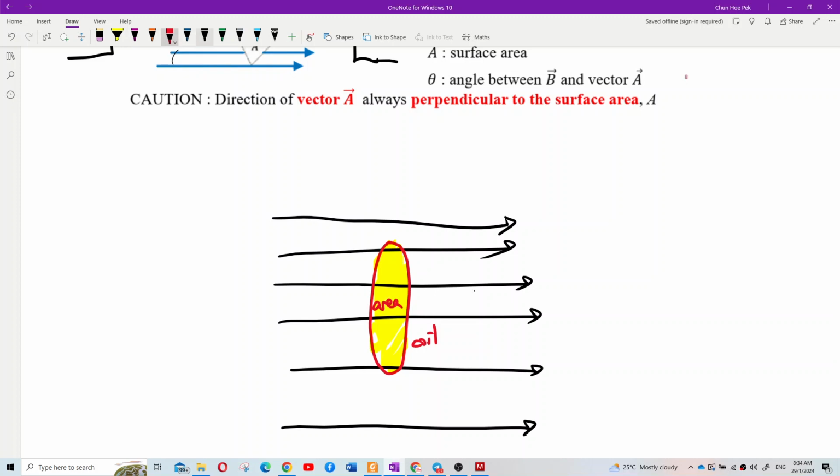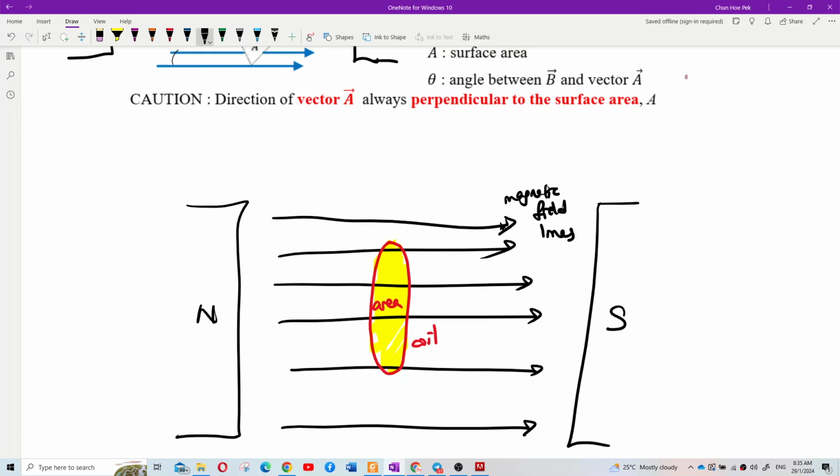So this black line is the magnetic field line. Why do you have a magnetic field here? Because maybe here you have a magnet, north and south.